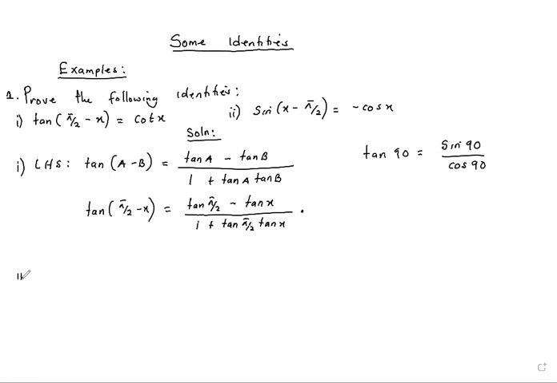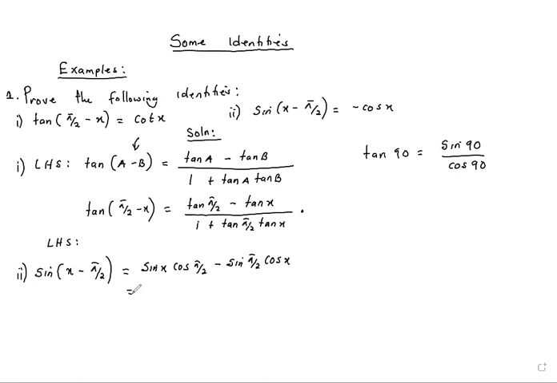So I'll move to the second piece, sine x minus pi over 2. I also get the left-hand side. For this one, I'm not putting this definition because we remember it is just sine x cosine pi over 2 minus sine pi over 2 cosine x.